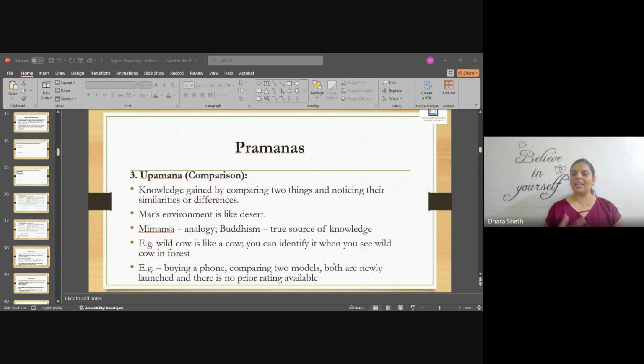Now suppose you are buying a phone. Both the phones are newly launched. You have no idea what the rating is. So what would you do? You will compare the features, the processor, the camera, the size. You will hold it in your hand and compare it with what you have previously used.